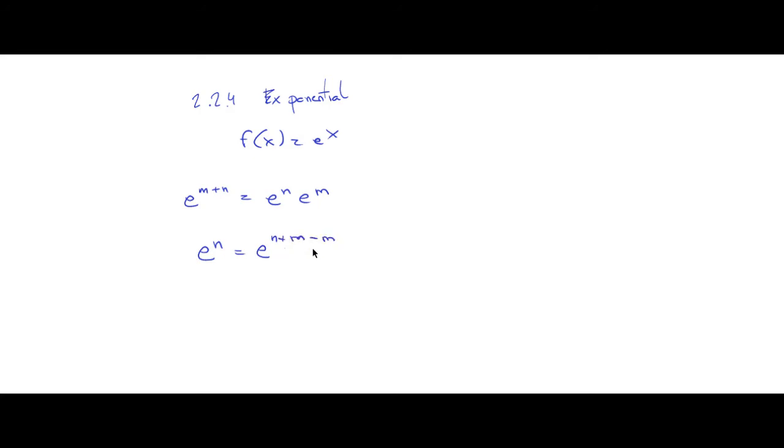I can write it like this because m minus m cancel each other out. Now I can take n plus m minus m, so I have e to the n plus m, times e to the minus m. So this is an extension of the formula. If I divide by e to the m, I have e to the n minus m, which is just e to the n over e to the m.